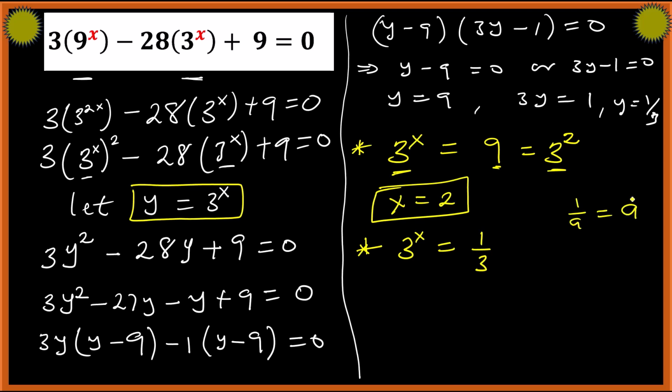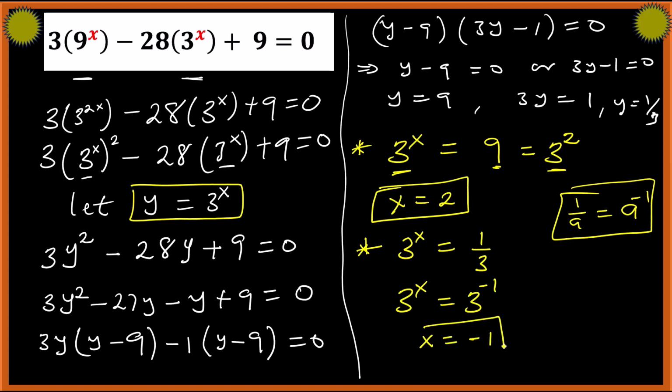So don't forget this property. So 3 raised to x is the same as 3 raised to negative 1. Therefore, x is the same as negative 1. So we have two answers for x. So x equals negative 1 or x equals 2.